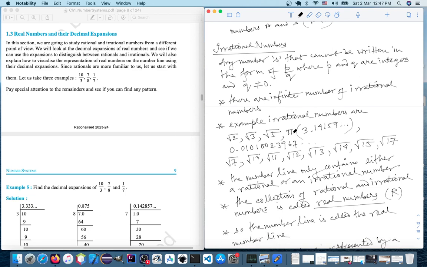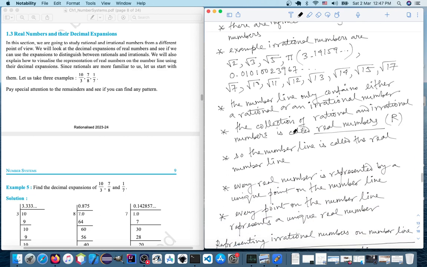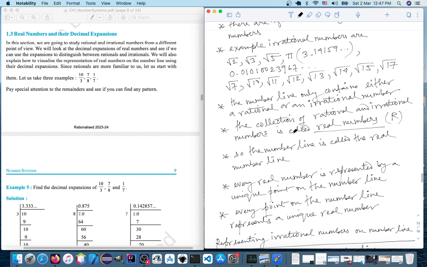We saw some examples of irrational numbers, and so we studied that the collection of rational and irrational numbers is called the real numbers, and that the number line is called the real number line because in this number line we only have rational and irrational numbers.